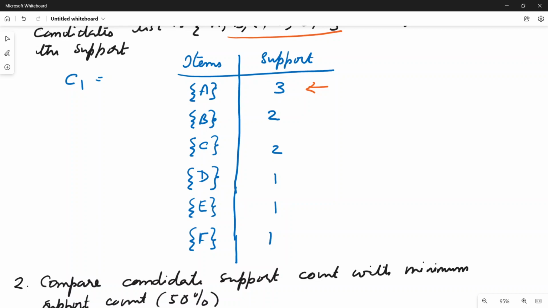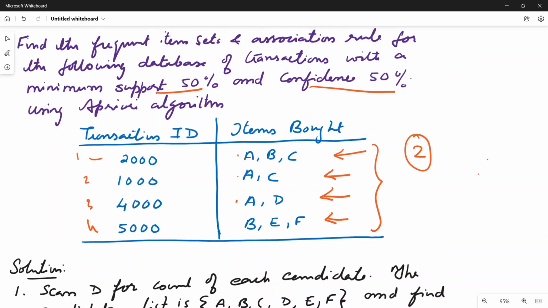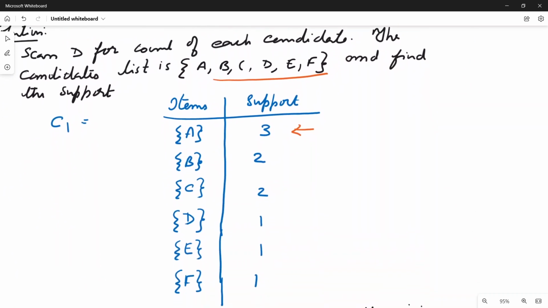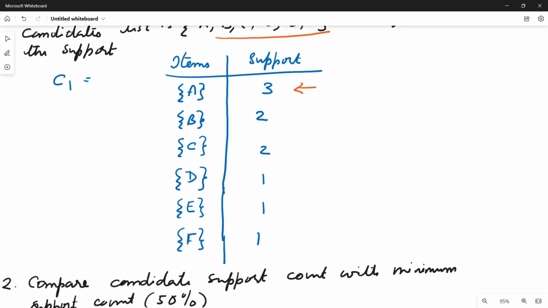Once this table is done, the next step is to check which items satisfy the minimum support of 50%, because it is given in the question. As I said, there are 4 transactions, so 50% of 4 is 2. At least in 2 transactions the single item should be present.